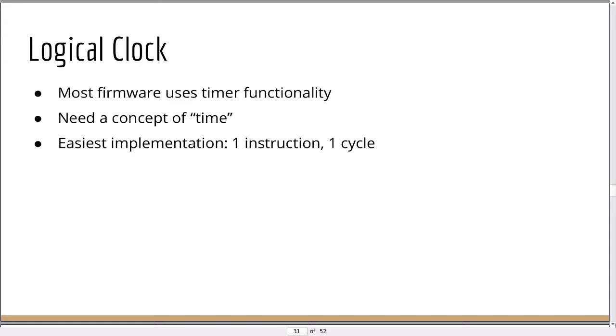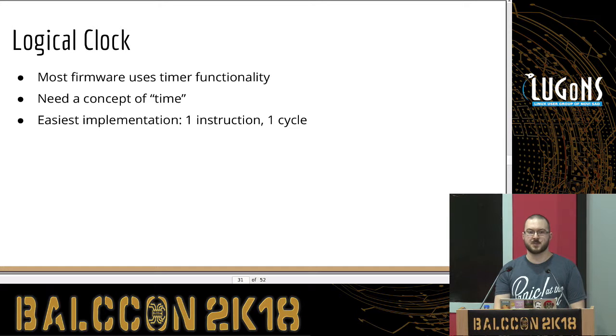You'll also need some kind of logical clock, at least. Most firmware will have some kind of timer functionality, for example, triggering an interrupt every millisecond or so. So the processor needs a concept of time. The easiest way to do this is just to assign 1 cycle to every instruction, and just use the count as a clock.